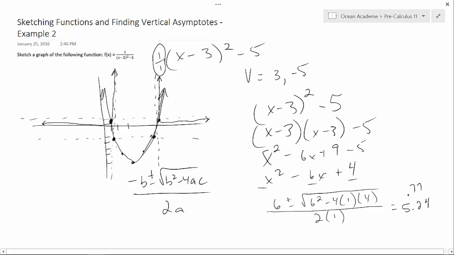And here again at the bottom, it cannot cross the asymptote, it cannot cross the x-axis, goes through this point and goes down, and again not crossing the asymptote. And that's how you sketch this graph, 1 over (x - 3)^2 - 5.